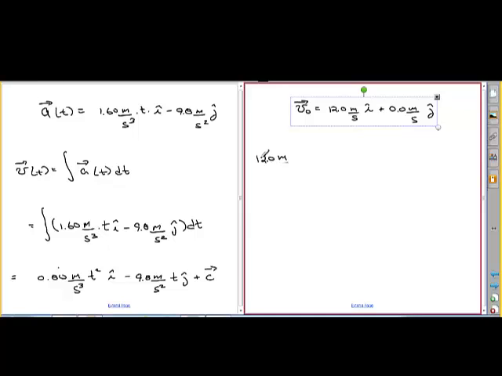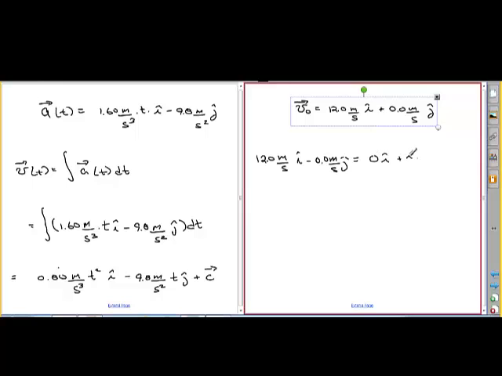That's the left-hand side, 12.0 meters per second I minus 0.0 meters per second J is equal to, so then we just plug in t equals 0 into here.